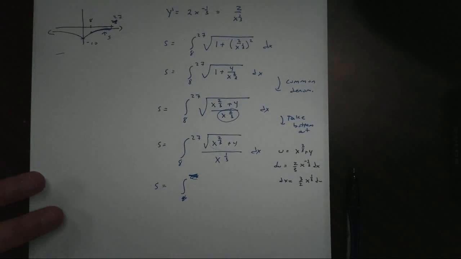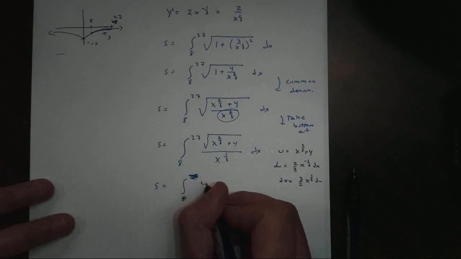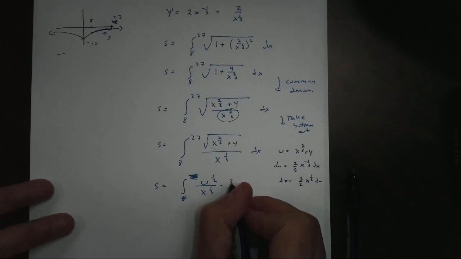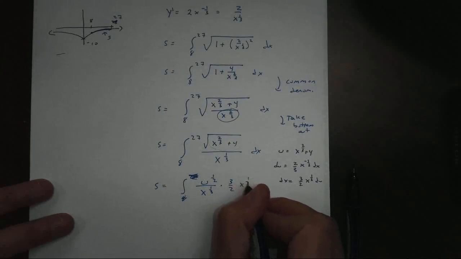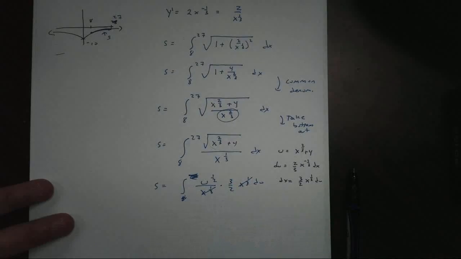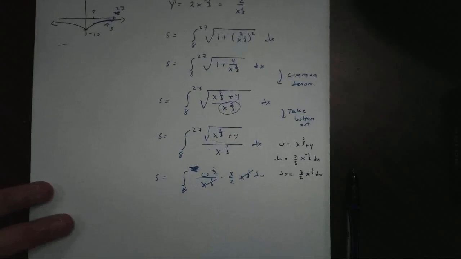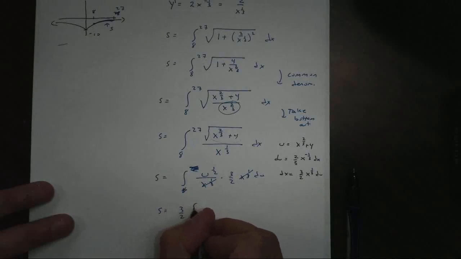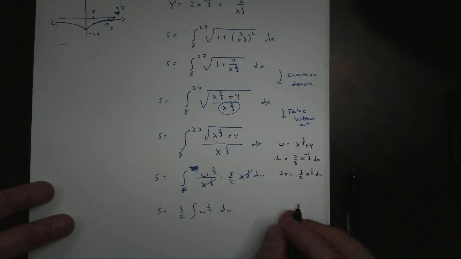Remember, I'm using u substitution here, so I'm just going to leave those alone. I get u to the 1/2 on top over x to the 1/3 times 3/2 x to the 1/3 du. The x to the 1/3s cancel. Kind of cool. Factoring out the 3/2, u to the 1/2 du, and now I'll change my domain.